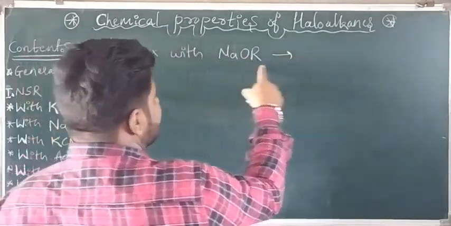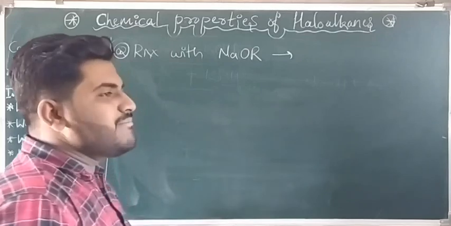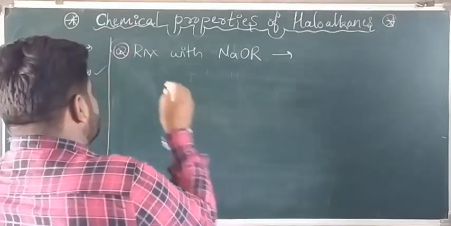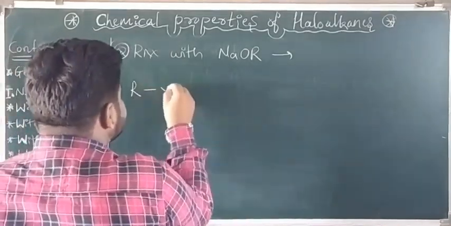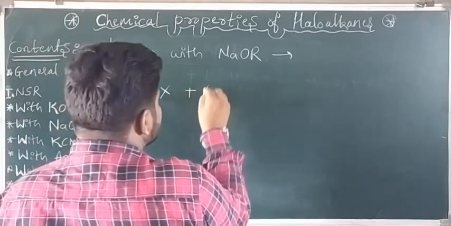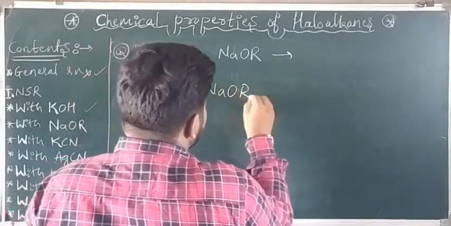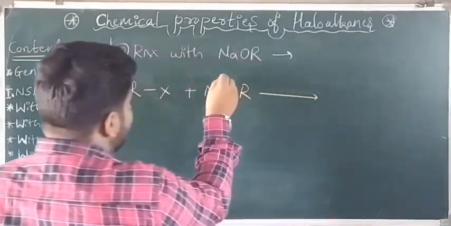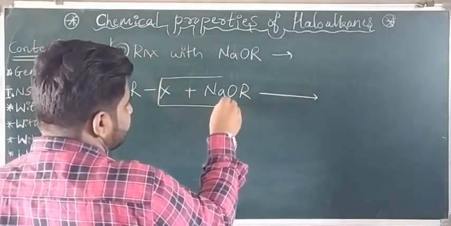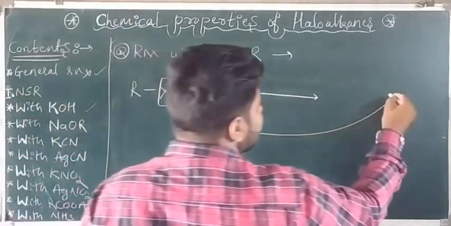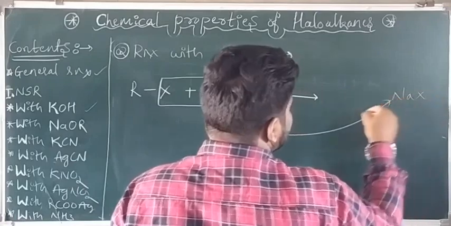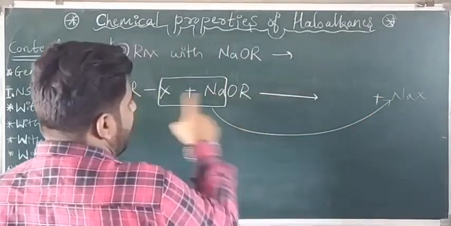What is the NaOR name? Sodium alkoxide. So when this haloalkane is treated with sodium alkoxide, NaX is eliminated. NaX, right? What is remaining? ROR.